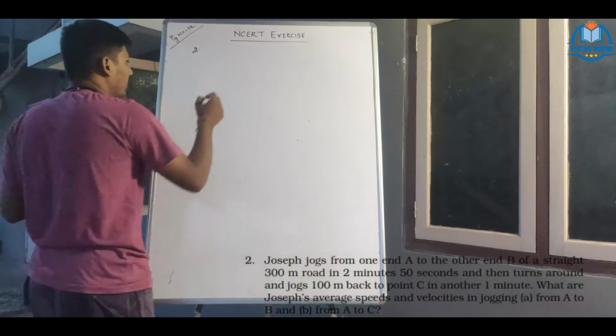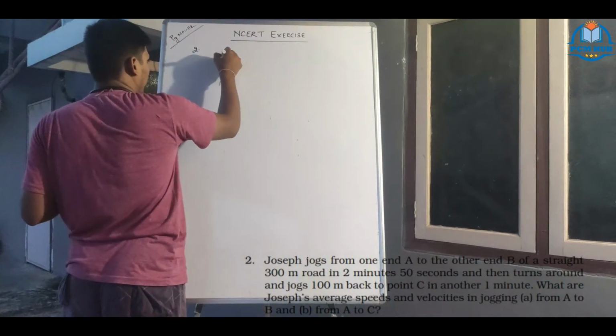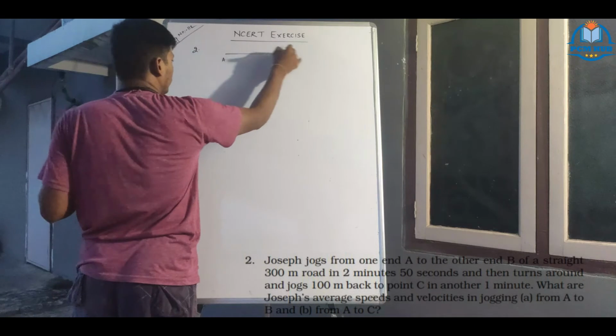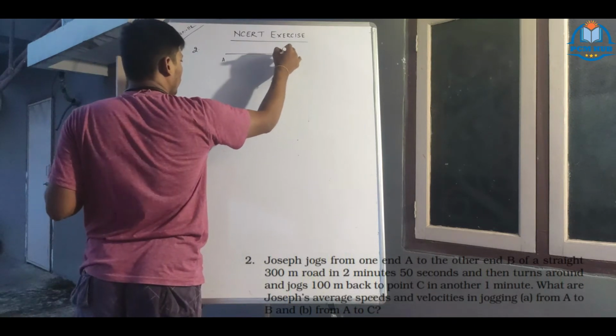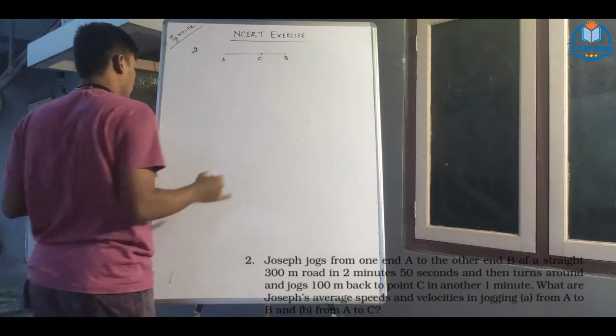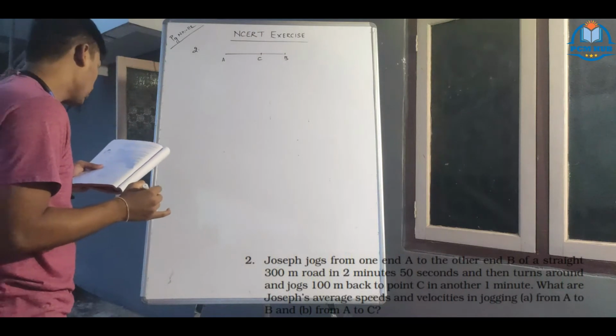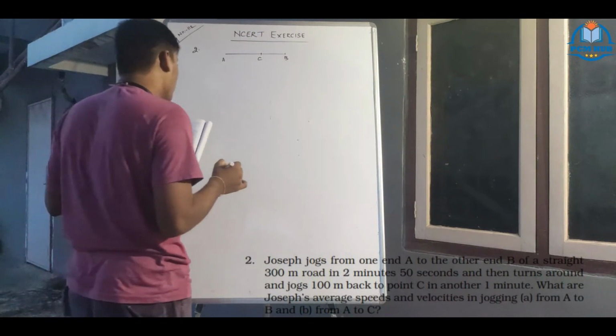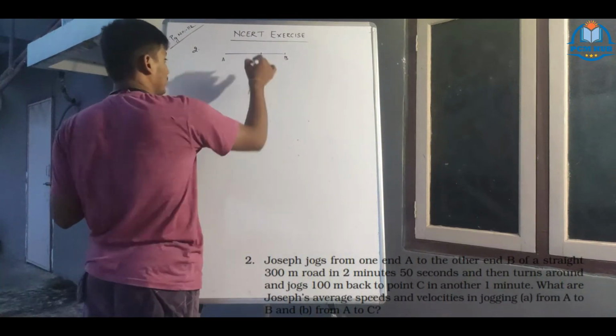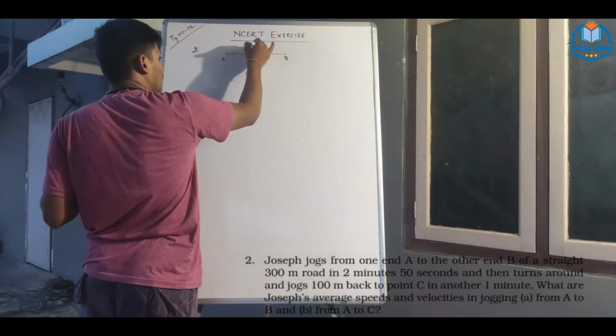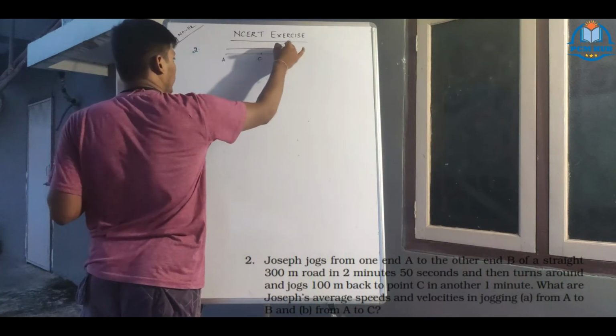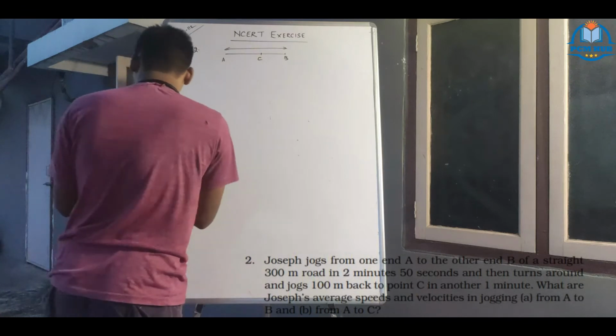So what is told there? There is a point named A. From A he is going to B, and from B is coming back to C. So Joseph is jogging from A to B, the distance is 300 meters.